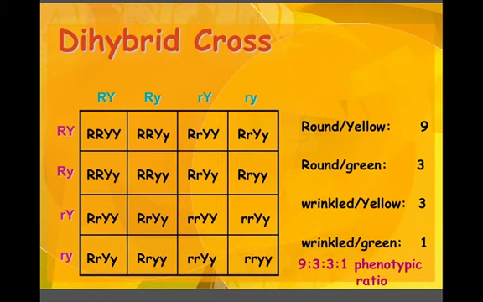This is our ratio as we're going through these. So if you look at this, this is round yellow.